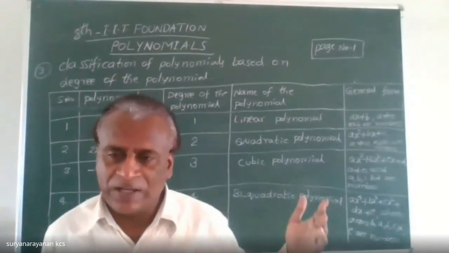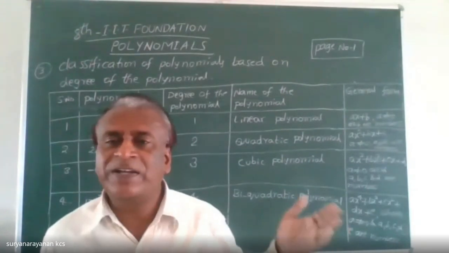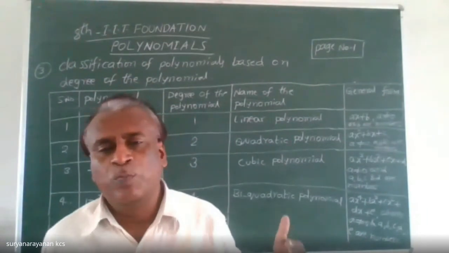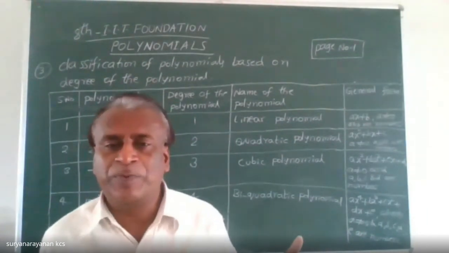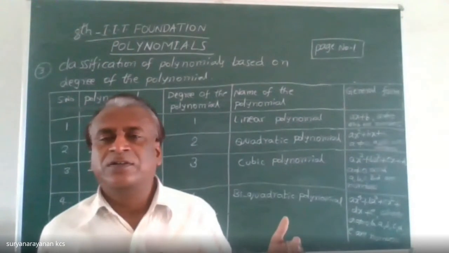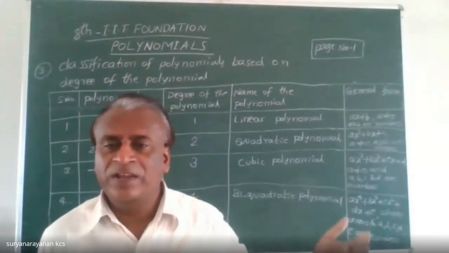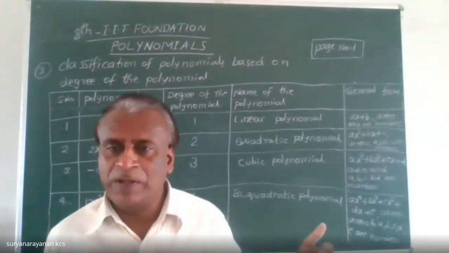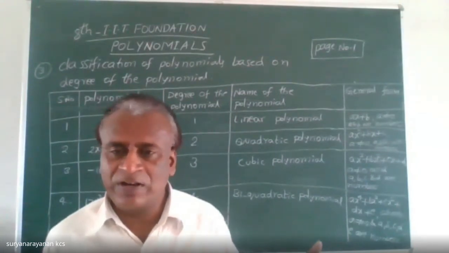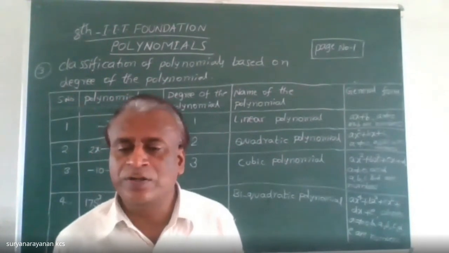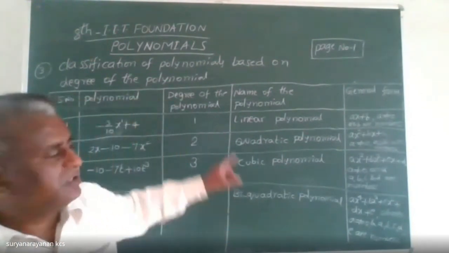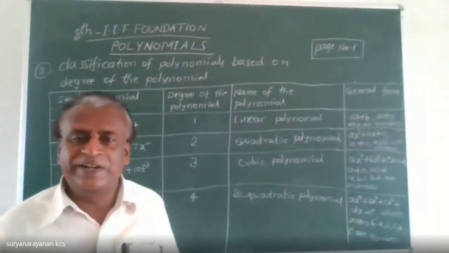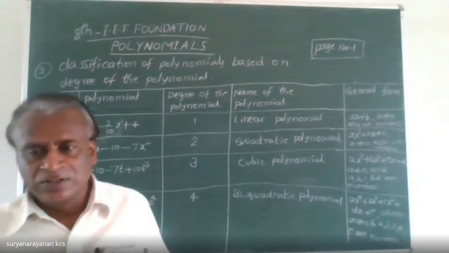There may be separate names, but in general, for more than 4, we call it a polynomial of degree n, whatever the number n is. It may be 5, 6, 7, or 8, and so on. Okay, my children, this is another classification of polynomials based on degree.